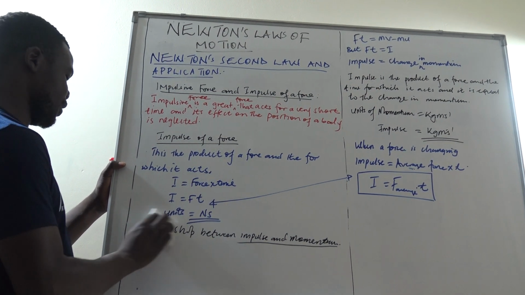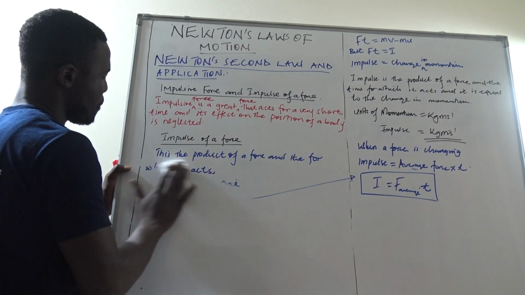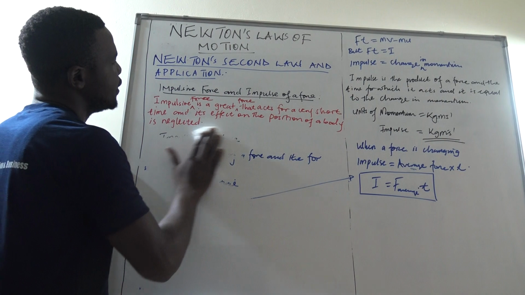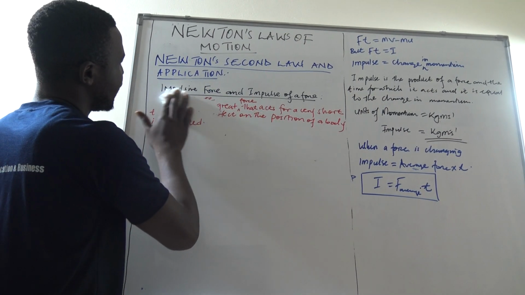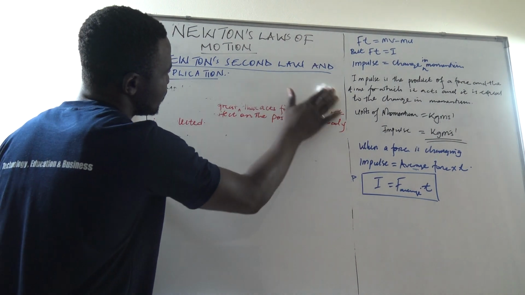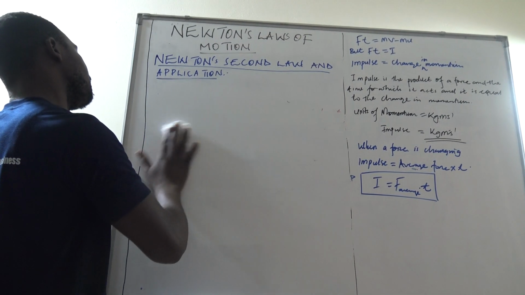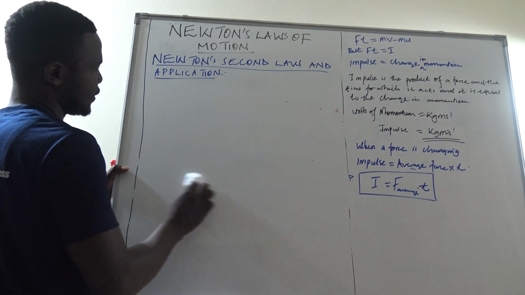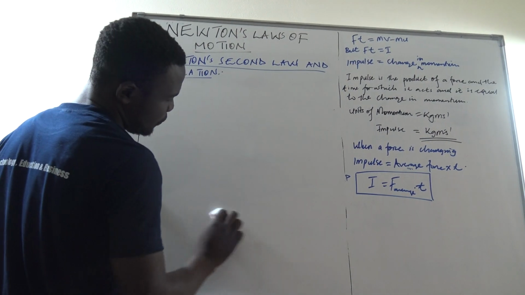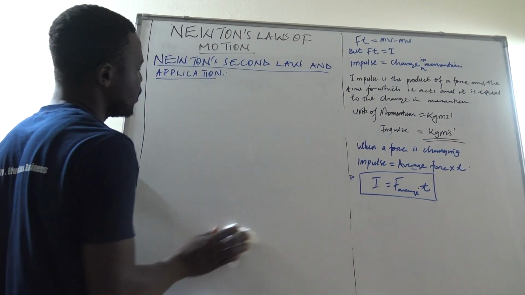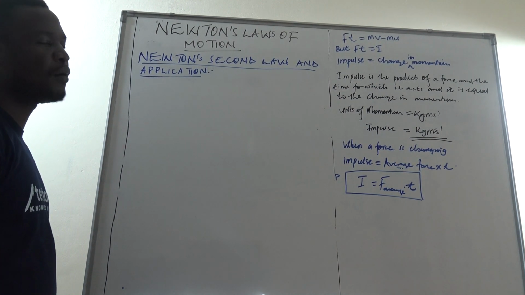We've come up with a comprehensive definition of impulse: impulse is the product of a force and the time for which it acts, and this product should be equal to the change in momentum.